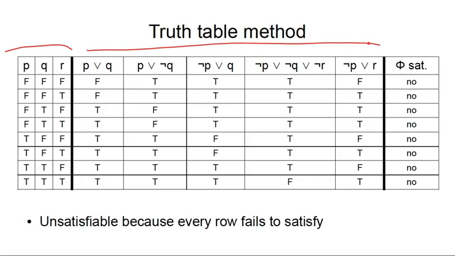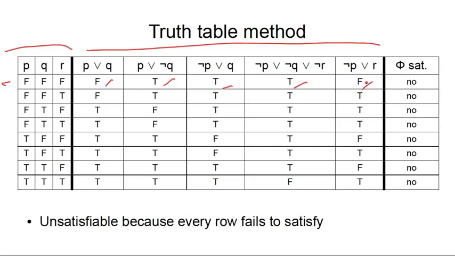So if we look at the first row here, in the truth assignment assigning false to P, Q, and R, we see that P or Q is false, P or not Q is true, not P or Q is true, not P or not Q or not R is true, and finally, not P or R is false.